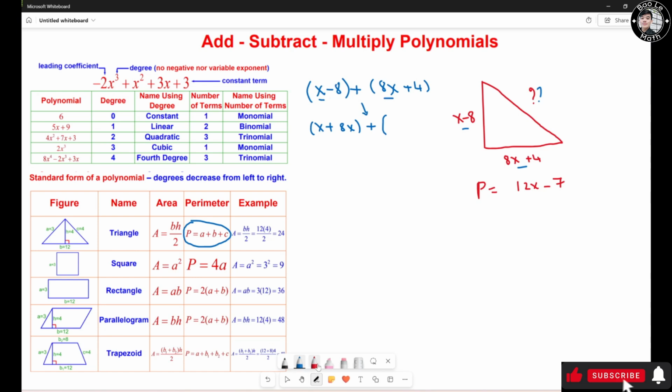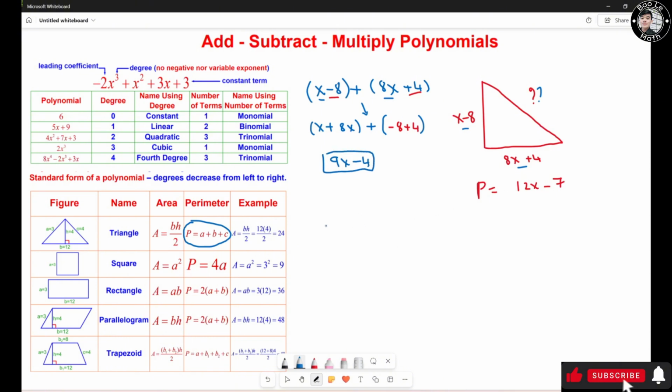The second terms, negative 8 and plus 4. S plus 8s, which means 9s. Negative 8 plus 4 is going to be negative 4, right? So negative 4 right here. So this is the sum of two side lengths.